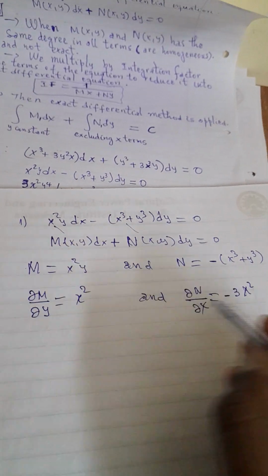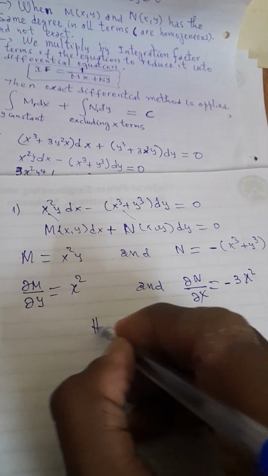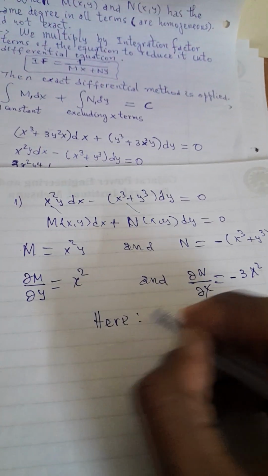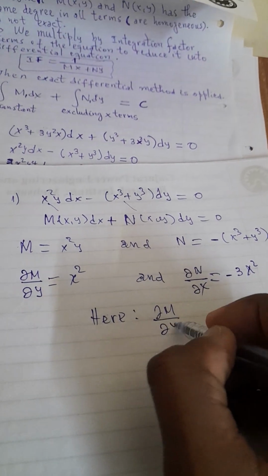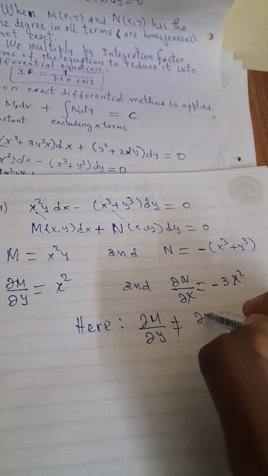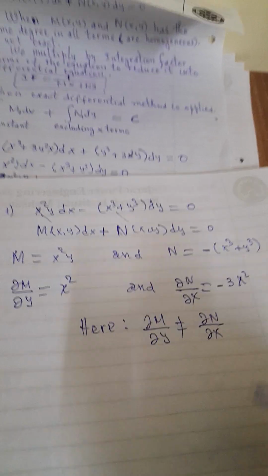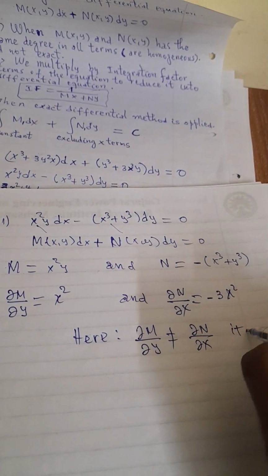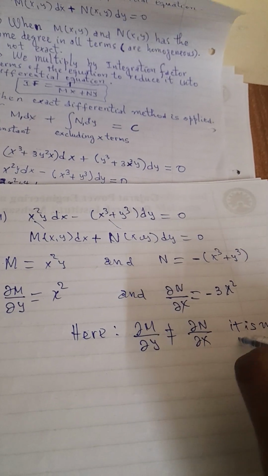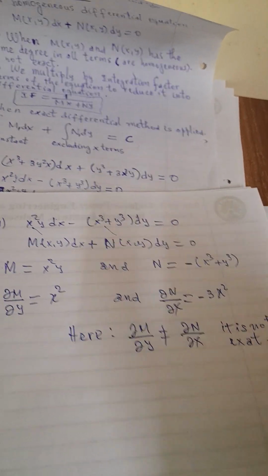Now see, they are not equal. So del M del y is different from del N del x, which means the equation is not exact.